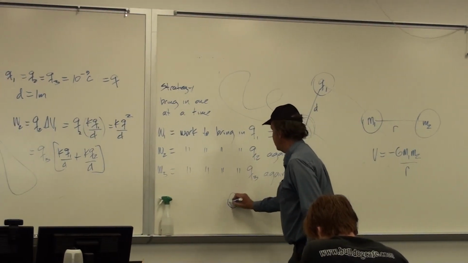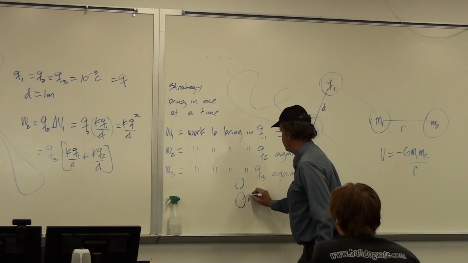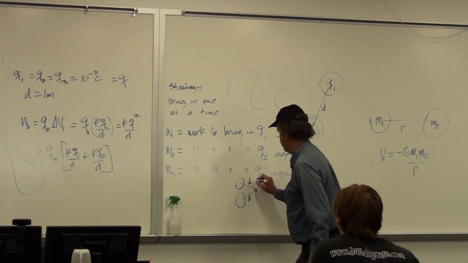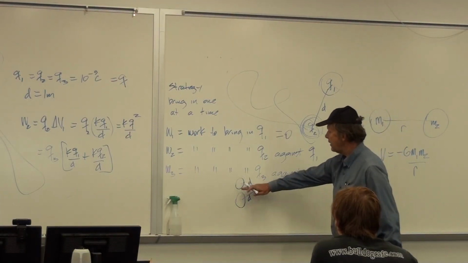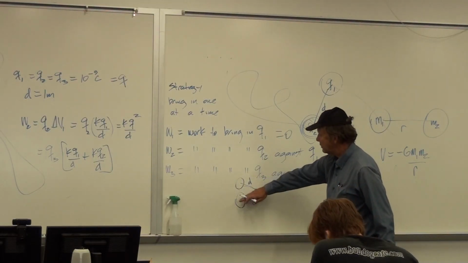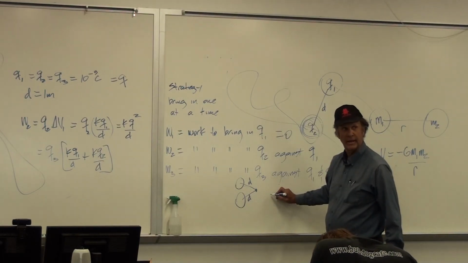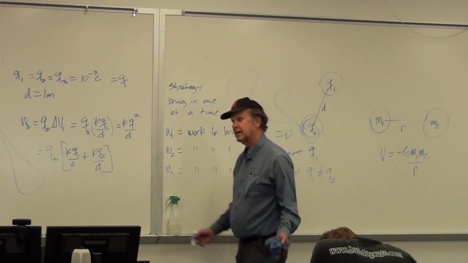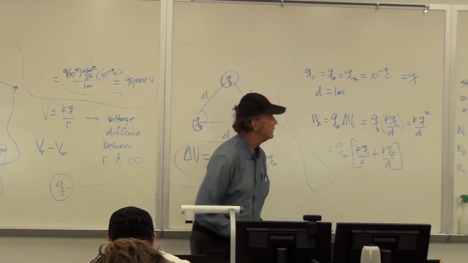So how would that change if I had the two charges like this and the third one here, and this was D? It wouldn't change at all. Doesn't matter how far, how close they are to each other, because voltage is not a vector. And everybody wants to draw it as a vector because that's what we did with electric fields. Remember, voltage is a scalar.